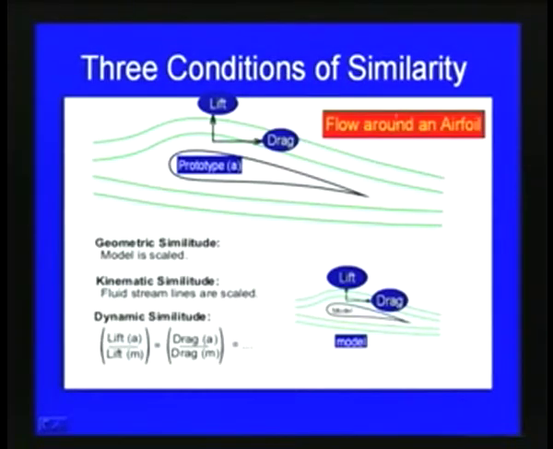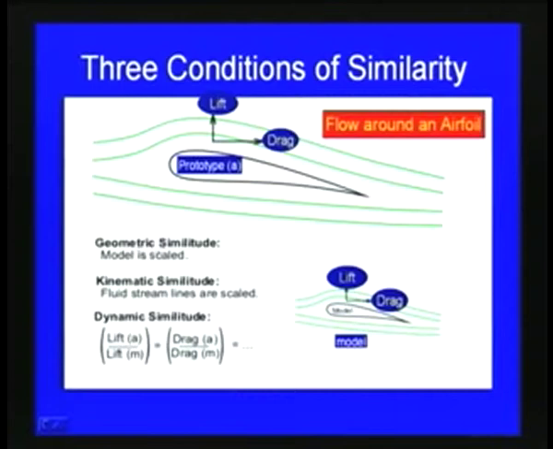Now with respect to this, here we can see a flow over an airfoil. The flow is coming and the airfoil is considered; this is the prototype and this is the model. Corresponding to the prototype, the geometric similarity is met by considering the shape and size with respect to length, width and other parameters.